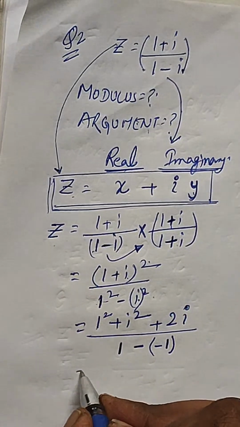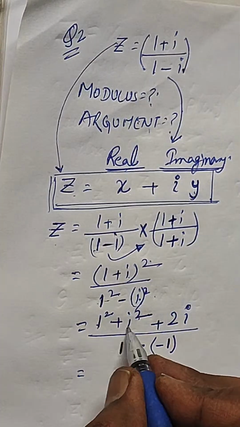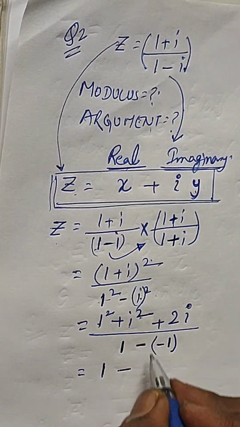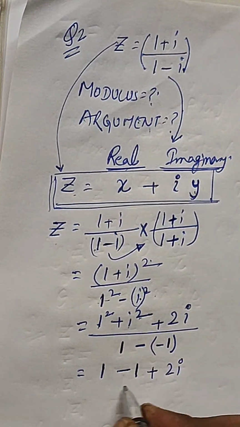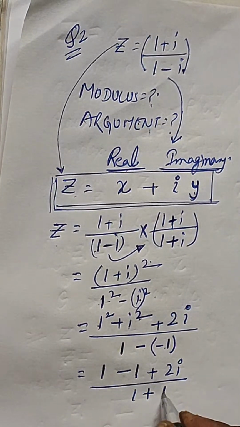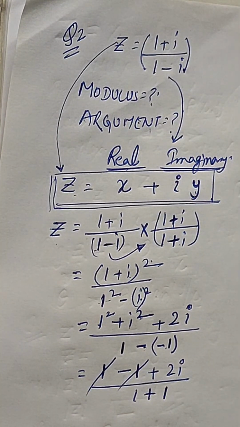And here 1 square and i square: 1 square is 1 and i square is minus 1, so it will be like this, plus 2i divided by 1 minus minus plus. Here you can see 1 will be cancelled out, right?